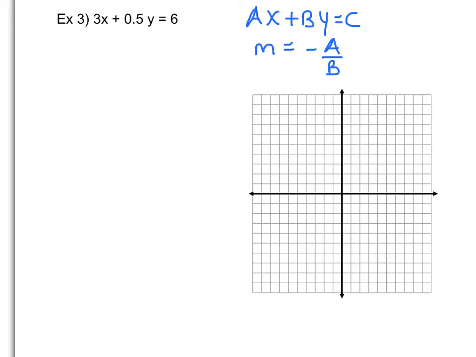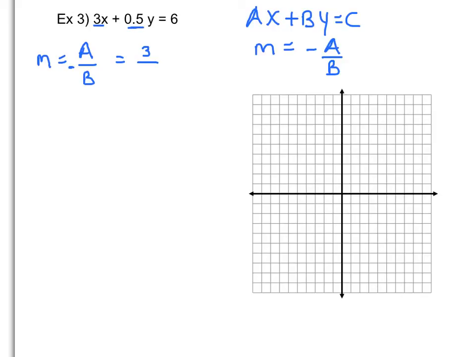Okay, so now we have another example. This is actually our last example. This is a short video. So write this down, 3x plus 0.5y equals 6. The first thing I want to do is find slope. And this formula will give you the slope, a over b. And whatever a over b is, you take the opposite sign. So for this one, remember, a is with the x, so 3.